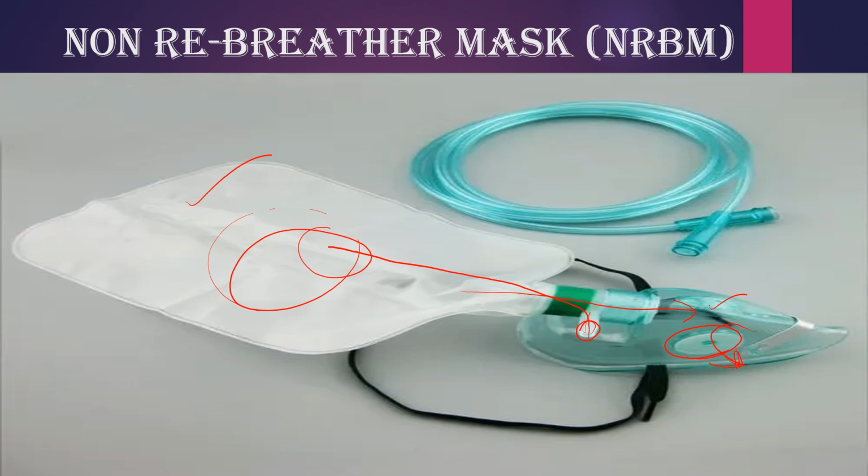It's one way so that the carbon dioxide will not enter again. When the patient's oxygen saturation gets low, say beyond 80 percent, this NRBM mask is encouraged to provide.